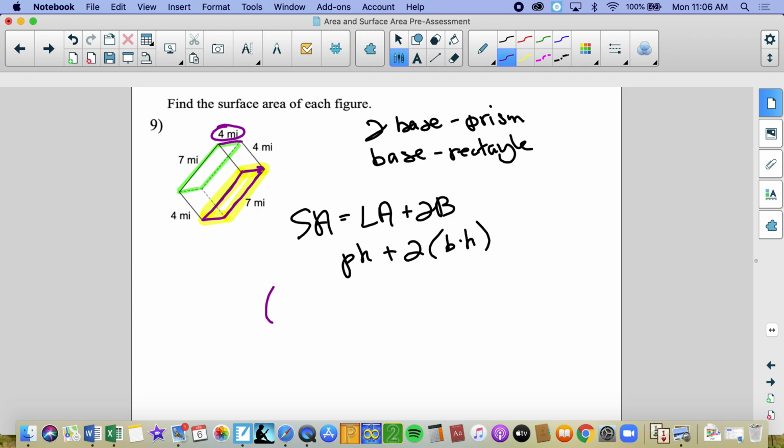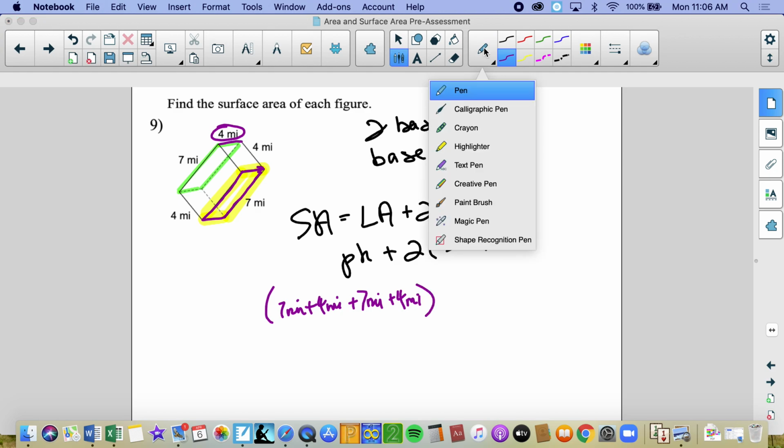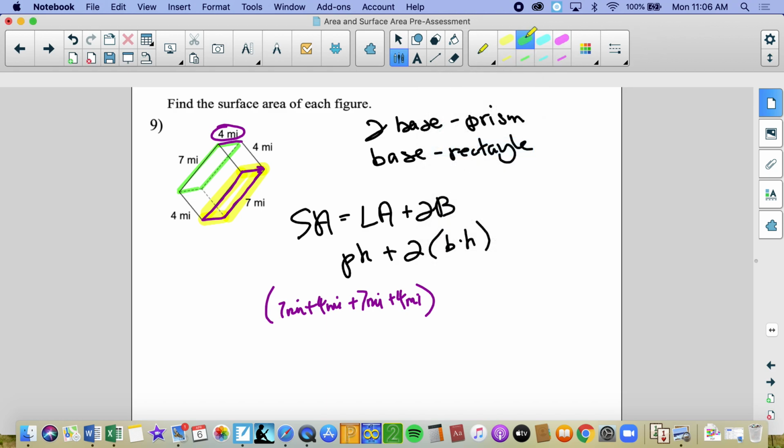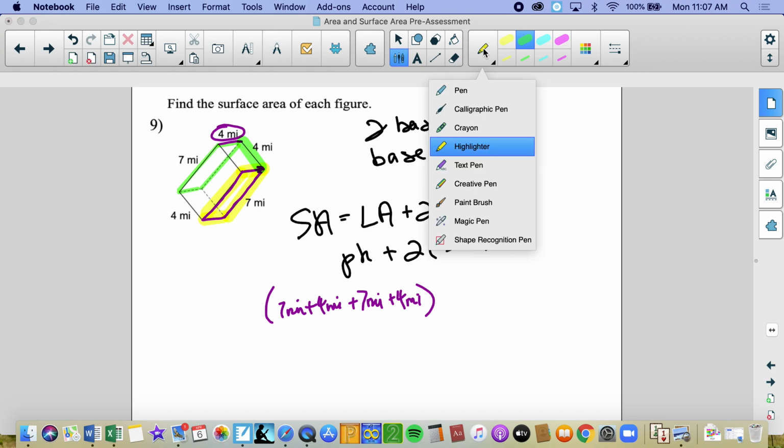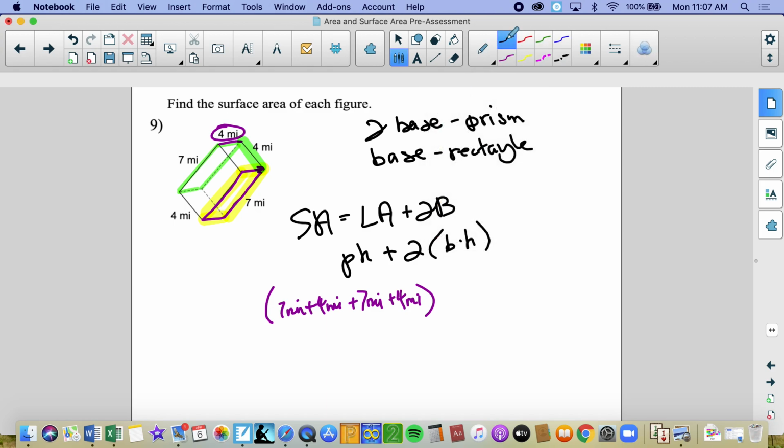So my perimeter is 7 miles plus 4 miles plus 7 miles plus 4 miles times the height. Now the height is the distance between the 2 bases. So that distance, that 4 miles, is my height. Height is always going to be the distance between the 2 bases.